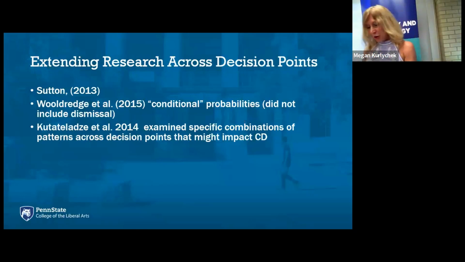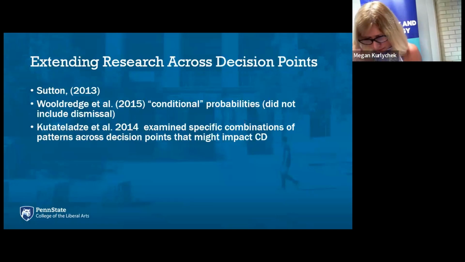Now, scholars started trying to do this, as I realized when I was working on that piece with Dr. Johnson for the Annual Review of Criminology, started trying to figure out how do we look at more than one decision point, maybe two, maybe three. So the first person to work on this that we looked at was Sutton.